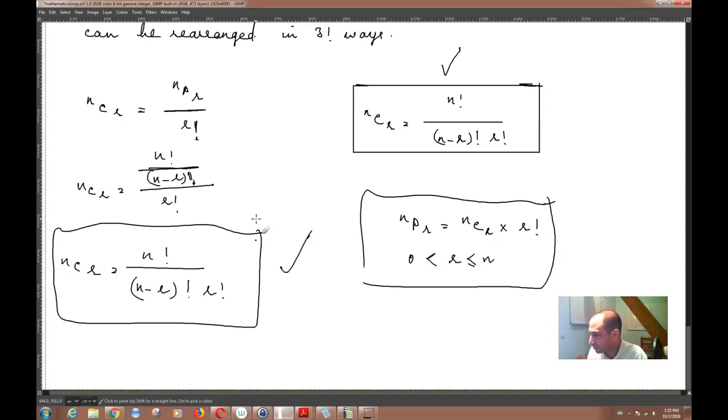But anyway, you might be surprised to know that it's taken human beings over 2,000 years to find this formula.